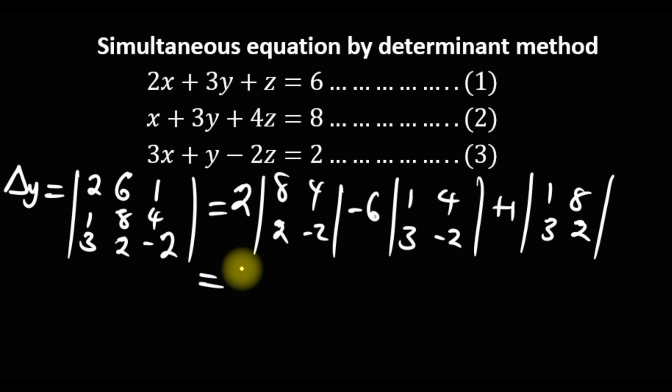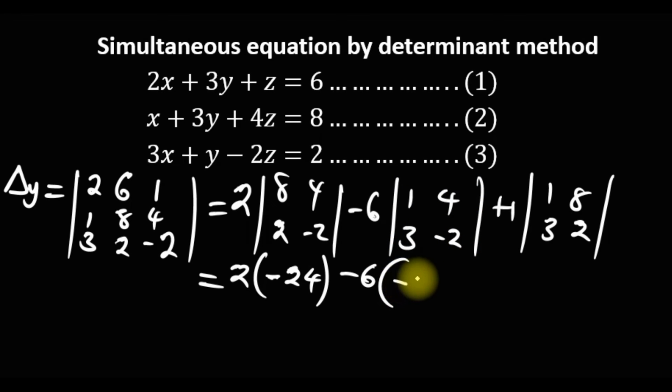So we'll find the determinant. 2 times this is minus 16 minus 8, which is minus 24. Minus 6 times minus 2 minus 12, which is minus 14. Plus 1 times 2 minus 24, which is minus 22.